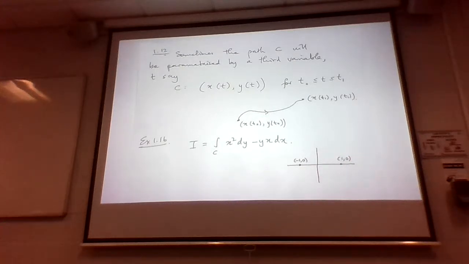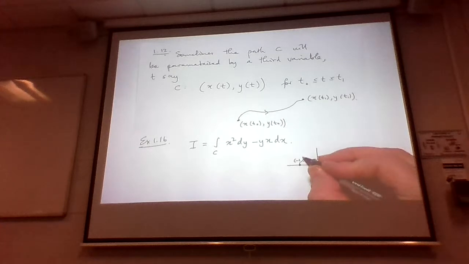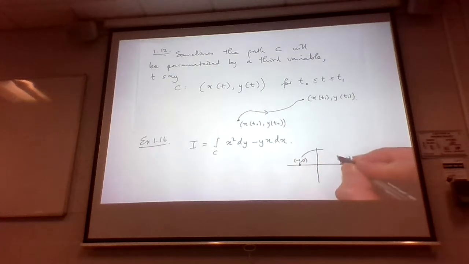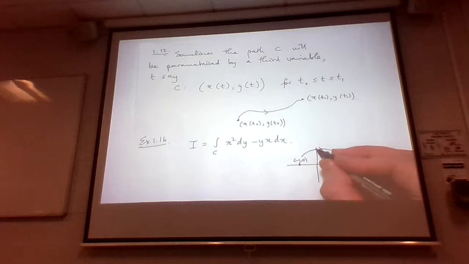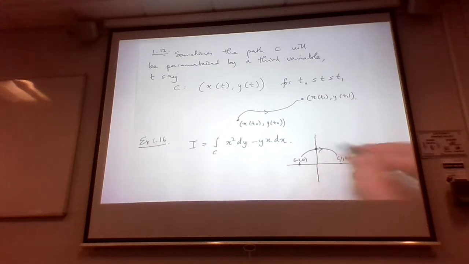And we're going semicircular path traversed clockwise. So we're going on this semicircular path here. A circle of radius 1, then this is going to be the point 0, 1.